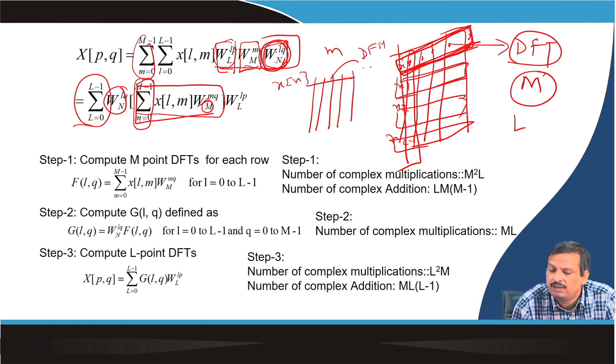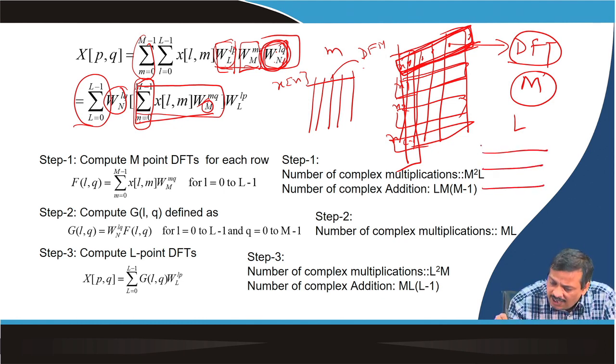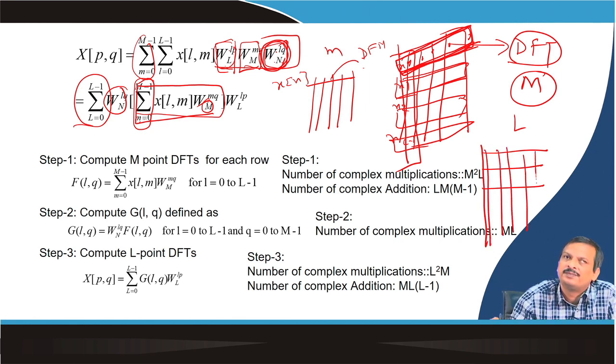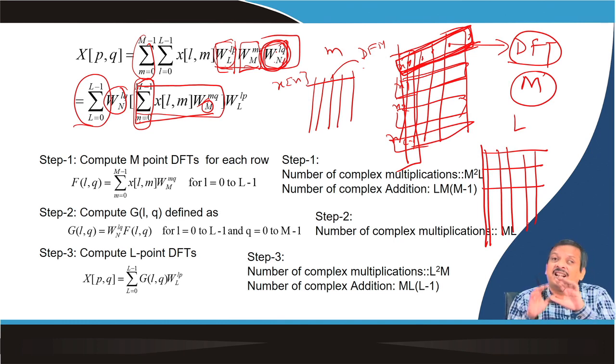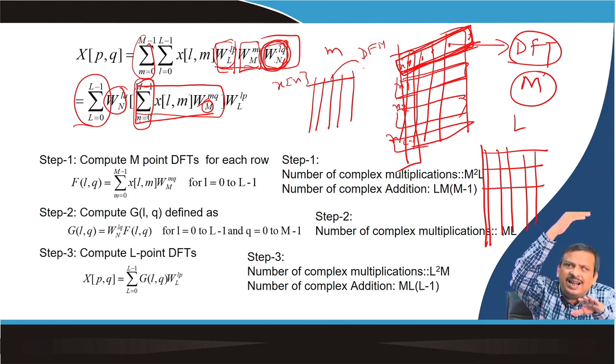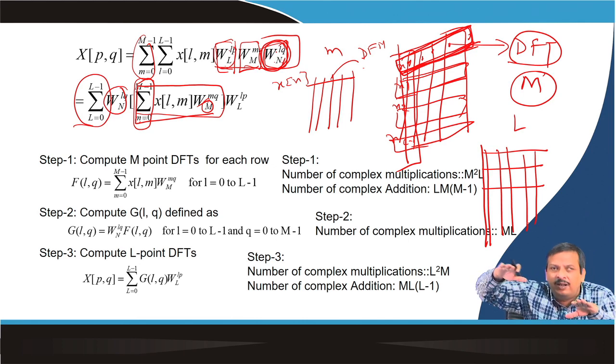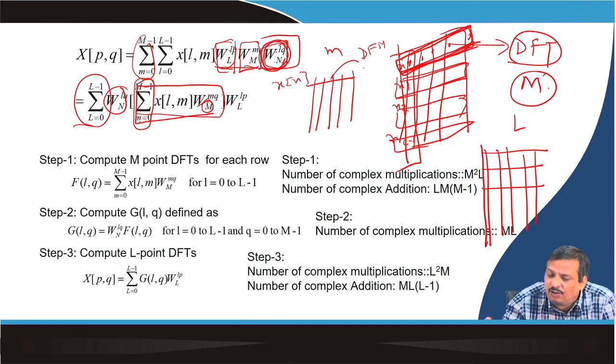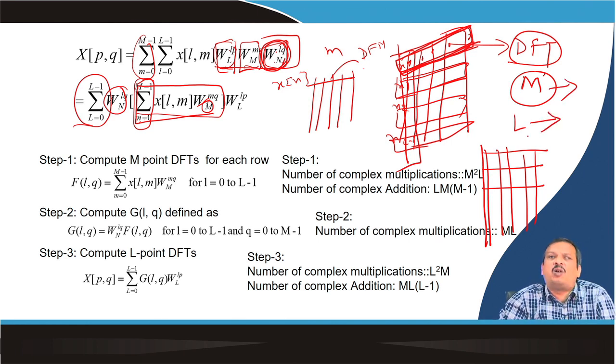This row is computed, this row is computed, this row is computed. Now, I again compute the column wise DFT. See how the data is accessed: I am not taking the data from 0 to L minus 1 for the first DFT. I access the data row wise when I store it column wise and first compute the DFT. So, 2 times I am computing the DFT: first time the order is M, second time the order is L.